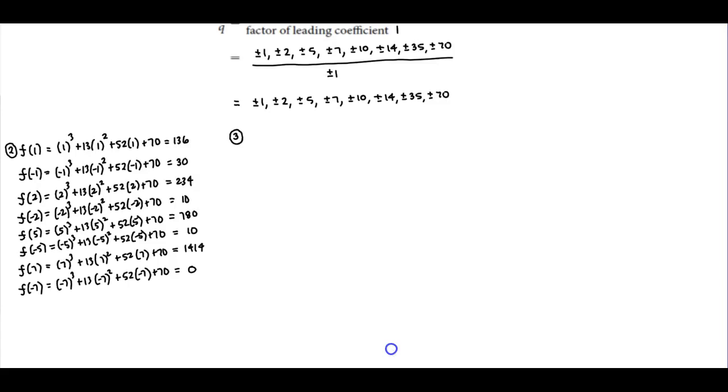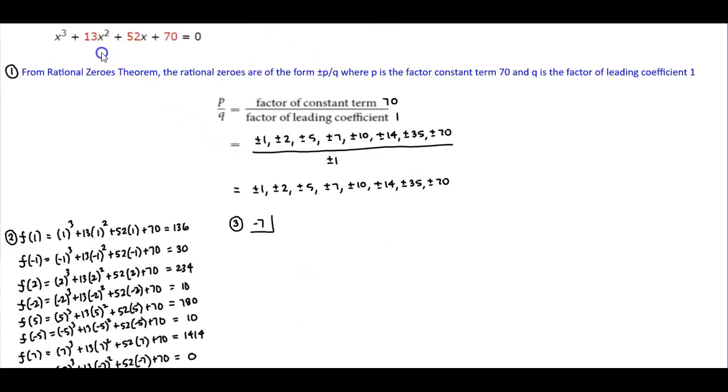We're going to use that negative 7 and synthetic division to find the other factor. So we have negative 7, and then the coefficients of this function: 1, 13, 52, and 70.